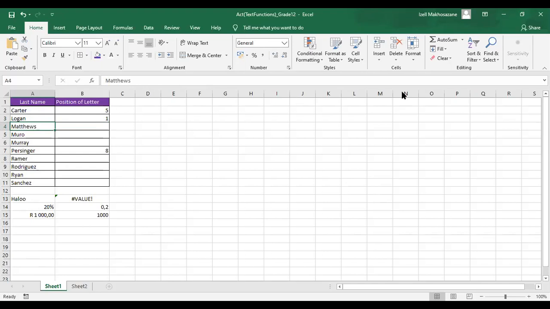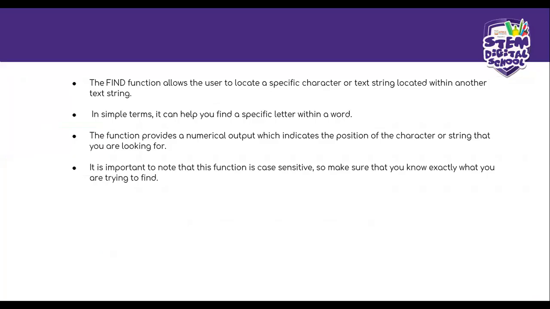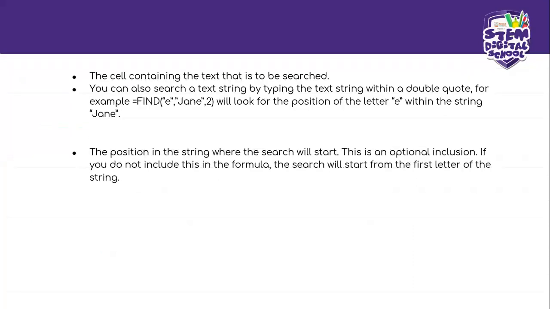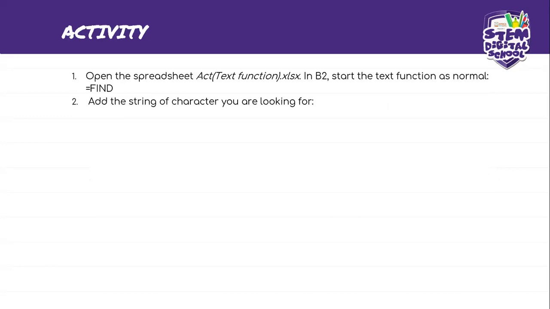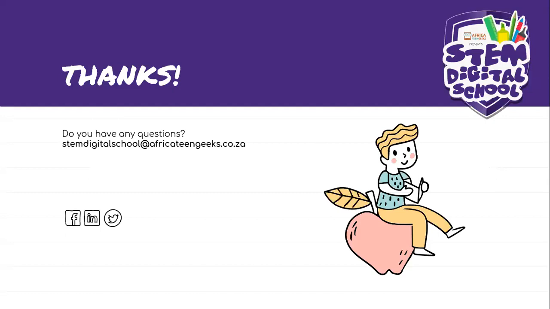So that's it with the two functions, FIND and VALUE. VALUE is used for converting text strings into a value or a numerical value. Then we have FIND. FIND is used to locate a text from a text string or from a word.